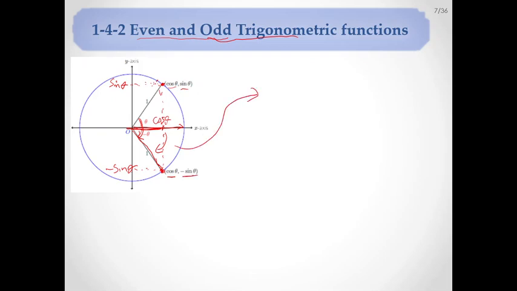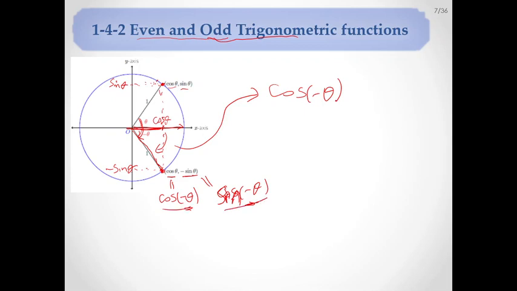From here you can say the rule is that whatever you have as theta, the angle, you put it inside cosine and sine, and it gives you the x component and y component.